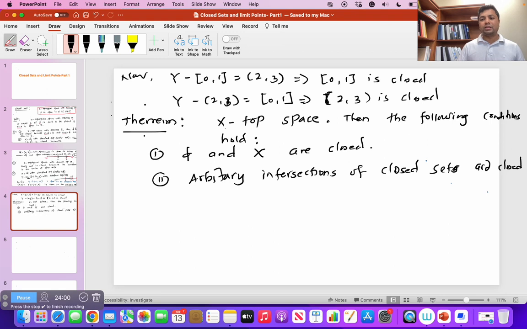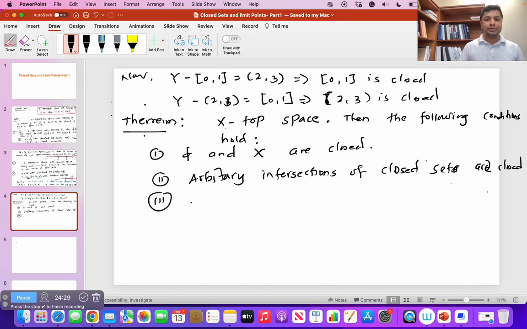So this condition is also going to be true in a topological space. If you take the arbitrary intersection of closed sets, that's going to be closed. We know that in a topological space, an arbitrary union of open sets is open, but in terms of closed sets, it is the arbitrary intersection, not the union, that is closed.